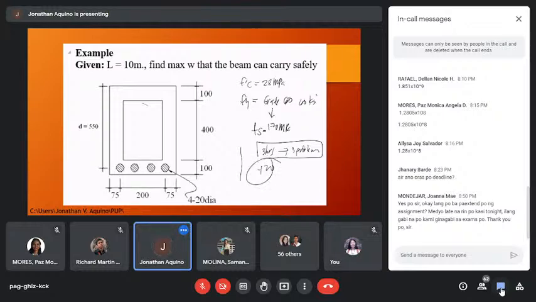So pag meron kayong plus 20 sa assignment, tapos plus 20 sa exam, tapos naka 80 kayo, meron na kayong 120. Ibig sabihin, halos tatlong quiz na yung kaya nyong i-cover nun na 40. But of course, yung passing natin lagi is 50%. 50% yata yung nasabi ko nung una. Okay?